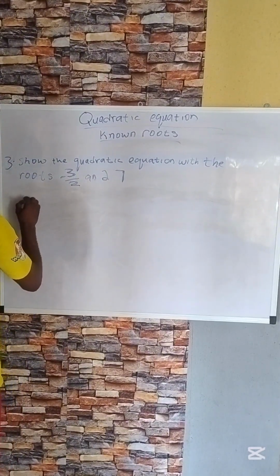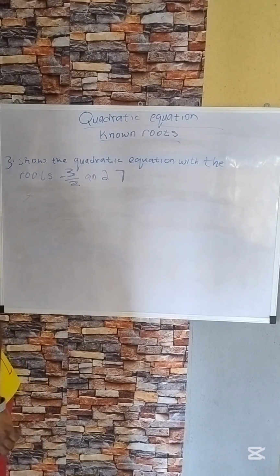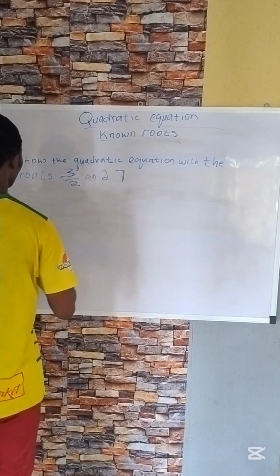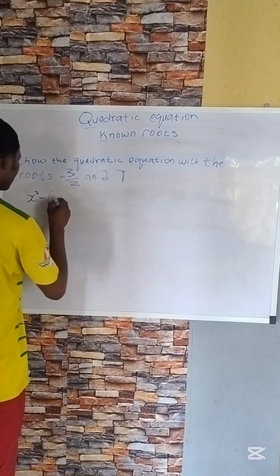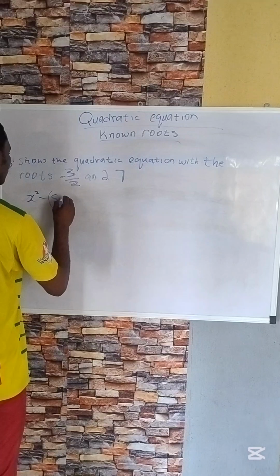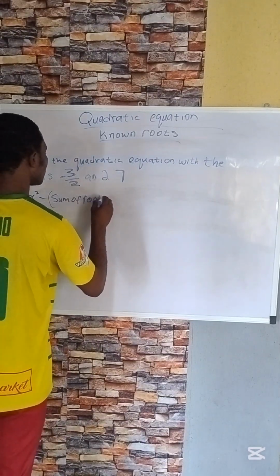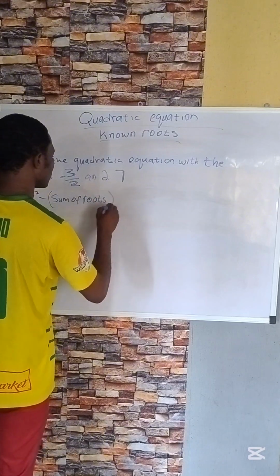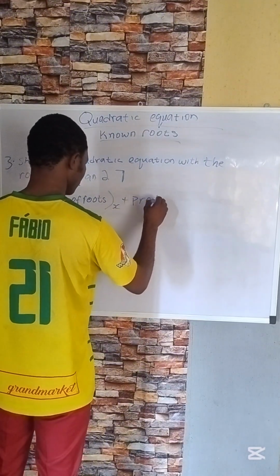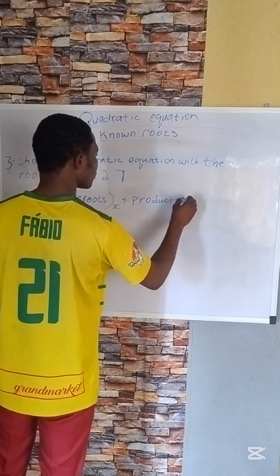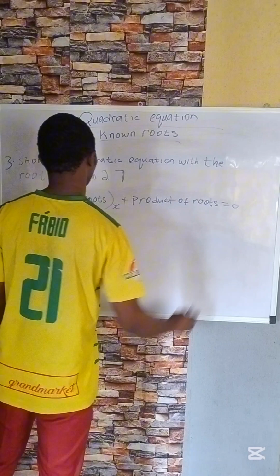Write down our formula, which is x squared minus sum of roots x plus product of roots equal to 0.